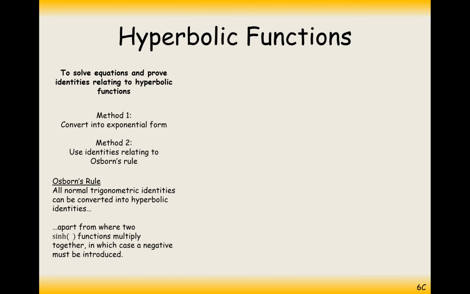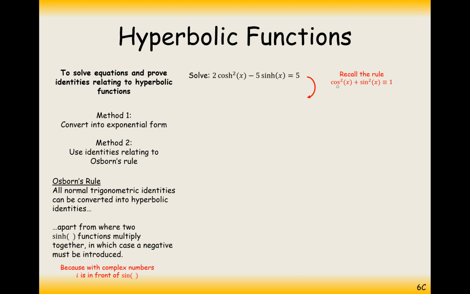So let's now see some questions in action where we can use Osborne's rule. Let's answer this question here: 2 cosh squared x minus 5 sinh x equals 5. Usually if I was answering this question in normal trigonometry, I'd want to turn the squared function into the linear function so that I've then got a quadratic, and I can then solve that quadratic by brackets or by quadratic formula.